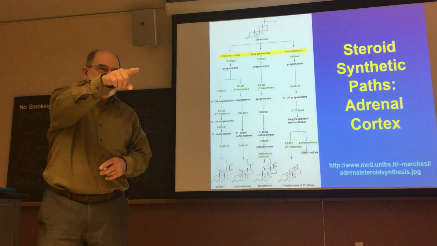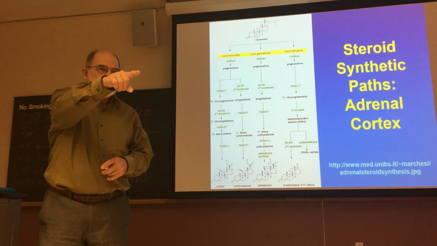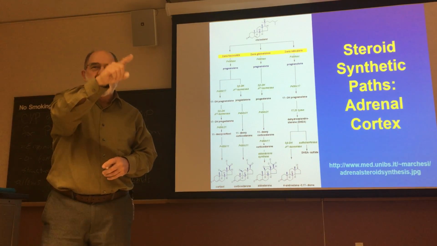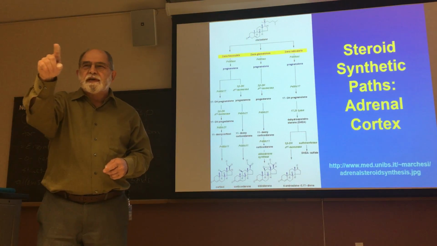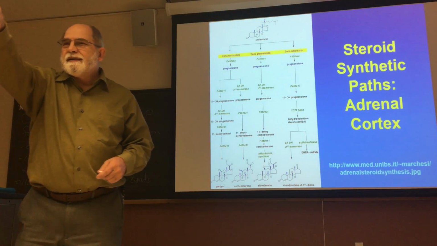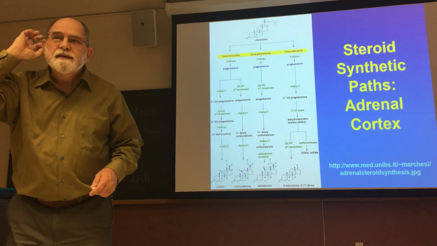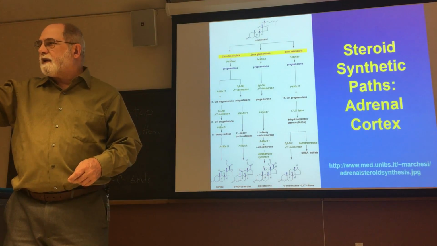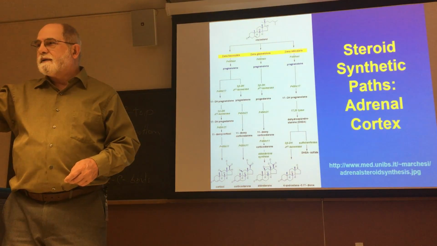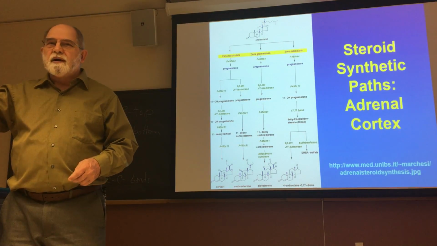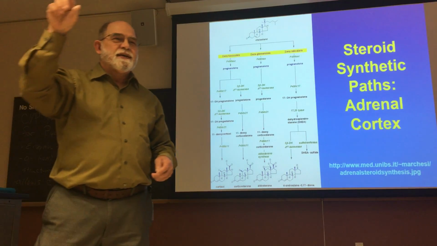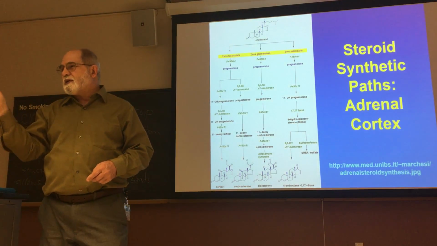What does that mean? There's an increase in... What does hyperplasia mean? Somebody did that for me. Yeah. Inappropriate growth. Pardon? Increasing cells. Increasing cells, in this case of the adrenal gland. What part of the adrenal? Not the medulla. Cortex. The cortex.